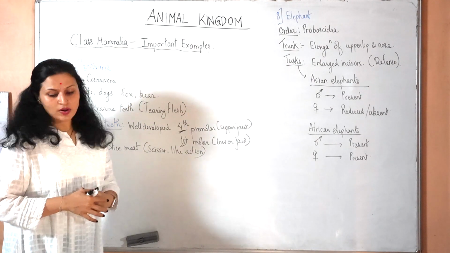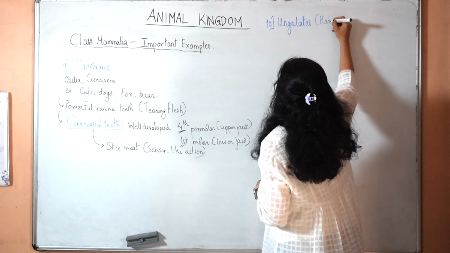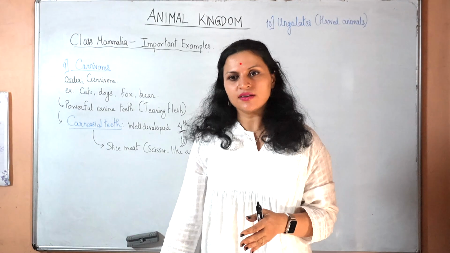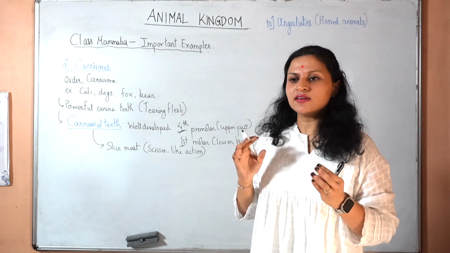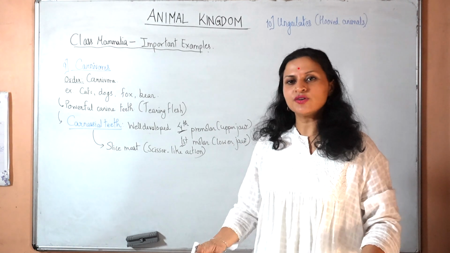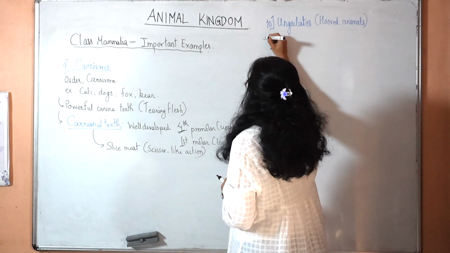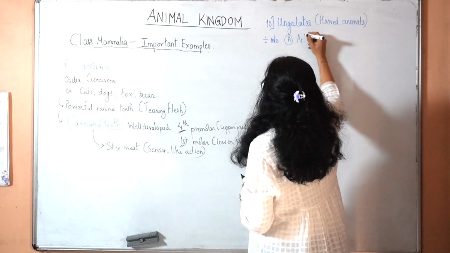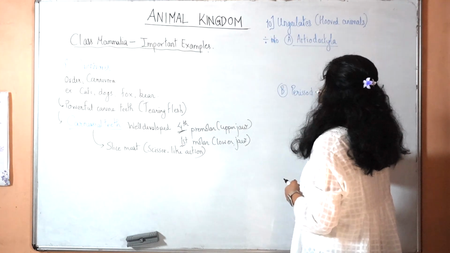Moving on to the last one, the ungulates. Ungulates means the hoofed animals. Like I mentioned earlier, ungulates is not a single order as such. The animals that are included in them are distributed over several other orders. These are broadly divided into two categories, A, Artiodactyla, and B, Perissodactyla.